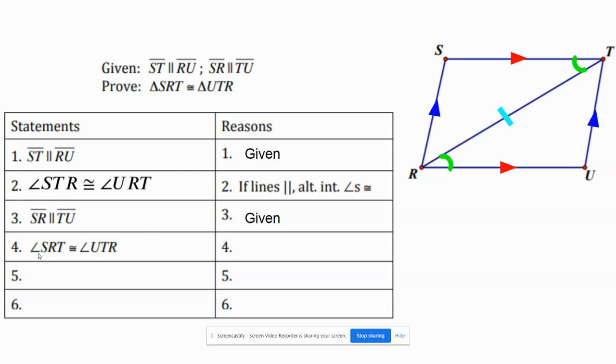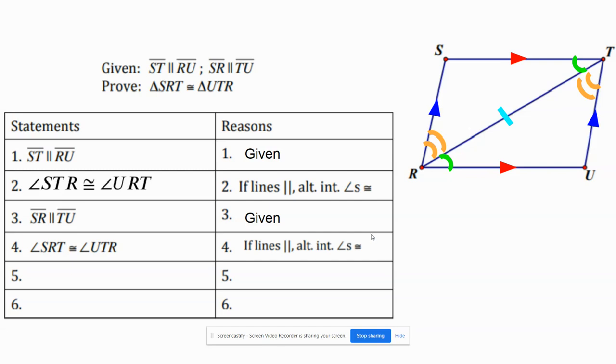The next thing I see here is that angle SRT is congruent to UTR. Those are the angles that are on the opposite side of the transversal, but it still follows by the same reason that we had before. I have 2 parallel lines, so that means alternate interior angles have to be congruent.